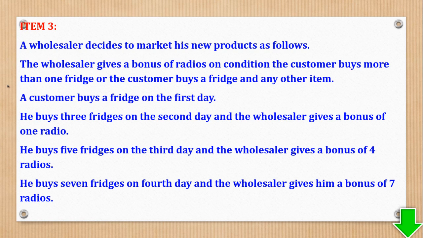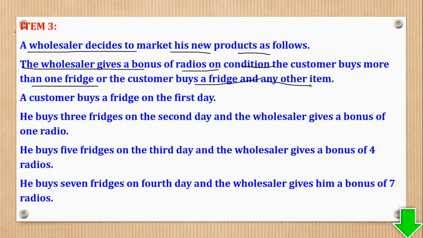Item 3 says, a wholesaler decides to market his new products as follows. The wholesaler gives a bonus of radios on condition that the customer buys more than one fridge, or the customer buys a fridge and any other item. Okay.